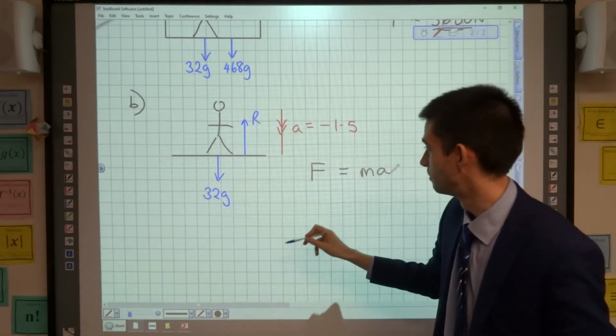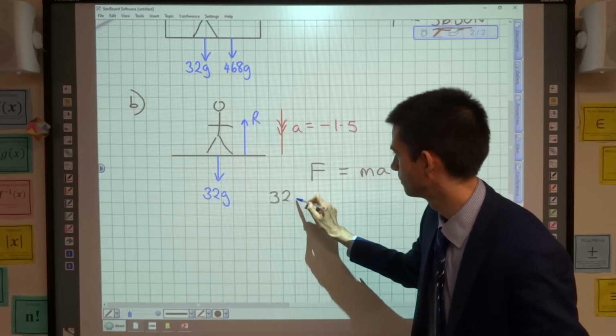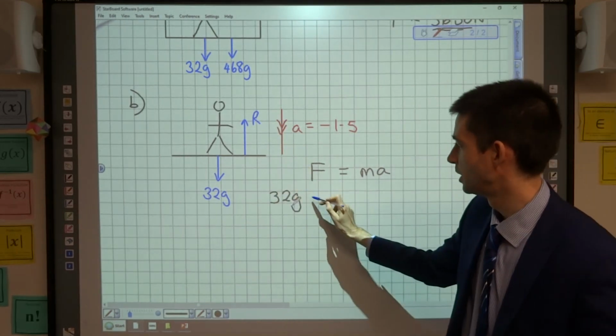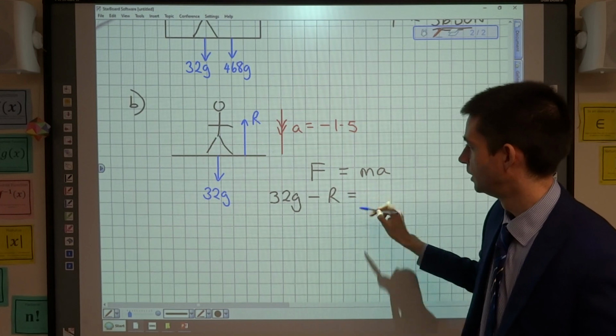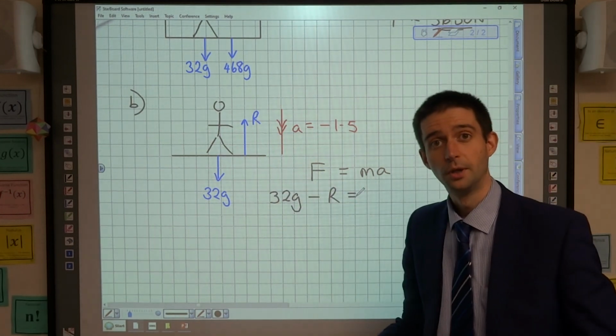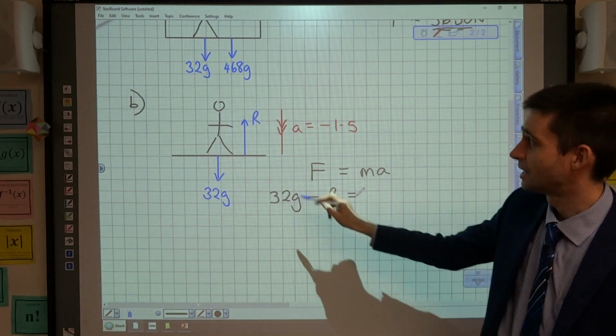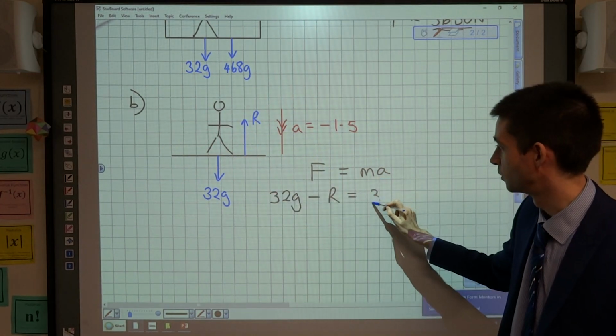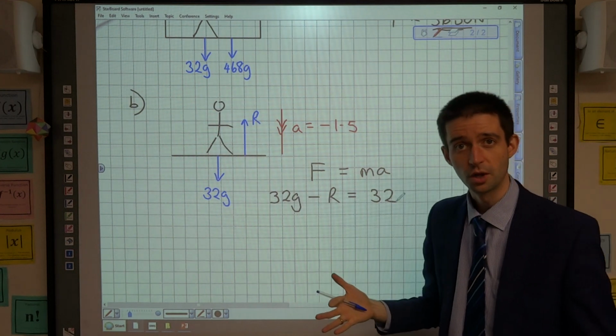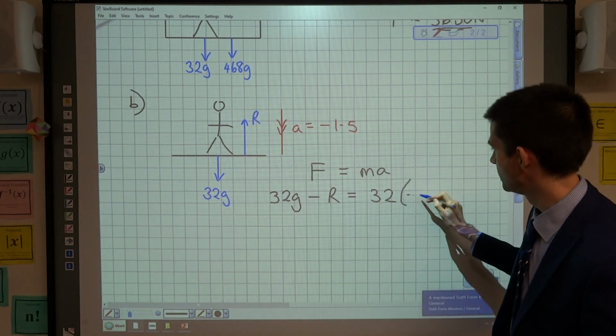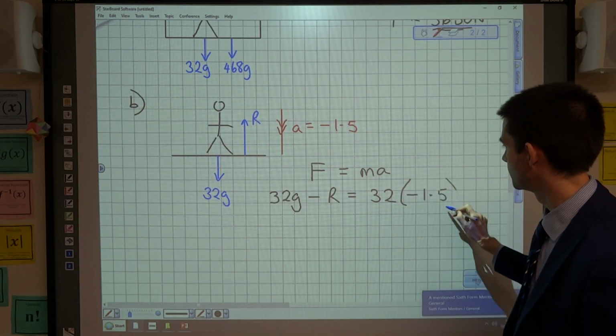So in the direction of motion, I have 32g. Opposing the motion, I have this force I've called R, which is the force of the floor of the lift on the girl. And that is going to equal the mass, which is just the mass of the child because we're resolving forces for the child, multiplied by the acceleration, which again is negative 1.5.